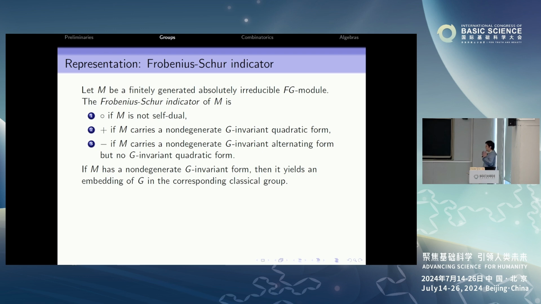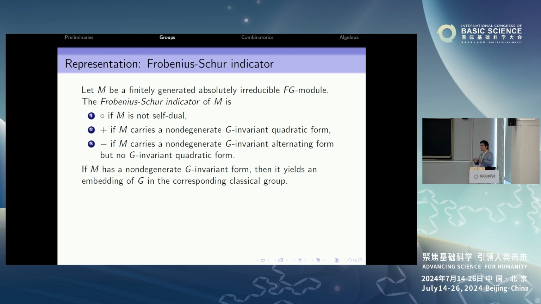So in the study of subgroups of class S, we actually start from a group G and examine its finite-dimensional absolutely irreducible modules. We classify such irreducible modules, then we determine its Frobenius-Schur indicator, which is circle, plus or minus, according to whether it's self-dual or not.